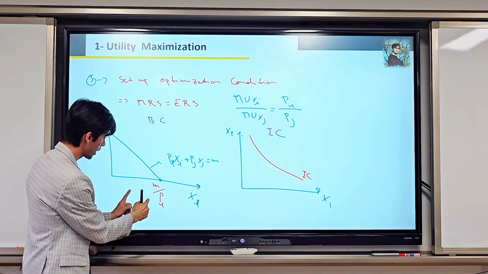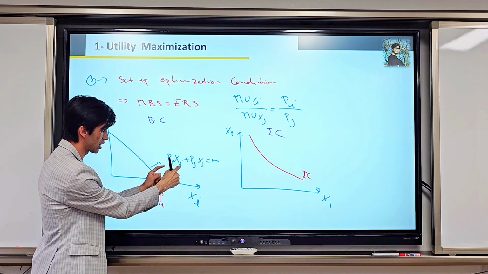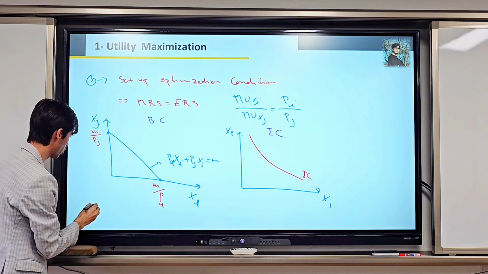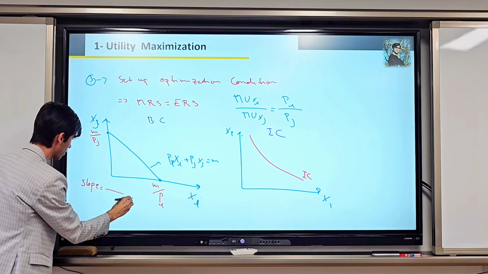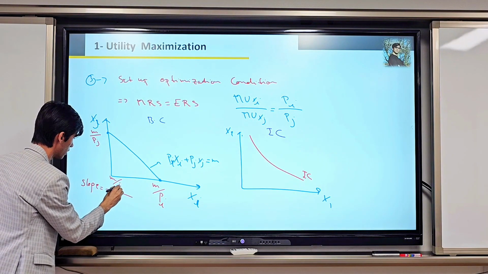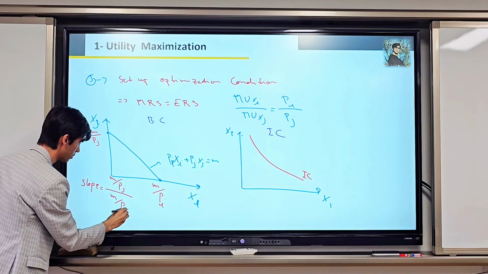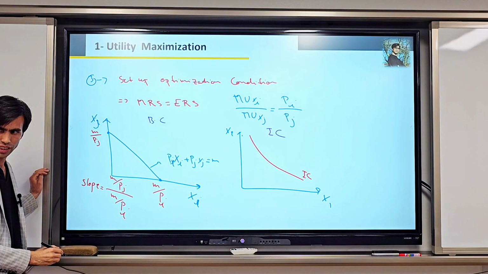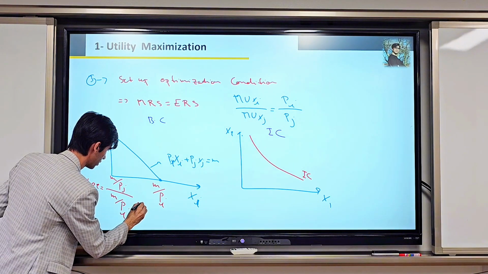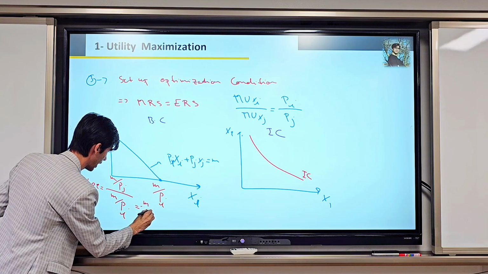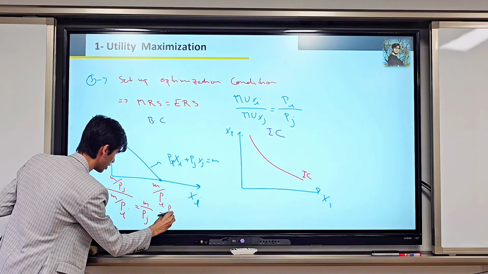So how can you find the slope of this budget constraint? The slope of this budget constraint is equal to m over pj divided by m over pi, which is m divided by pj multiplied by pi divided by m.